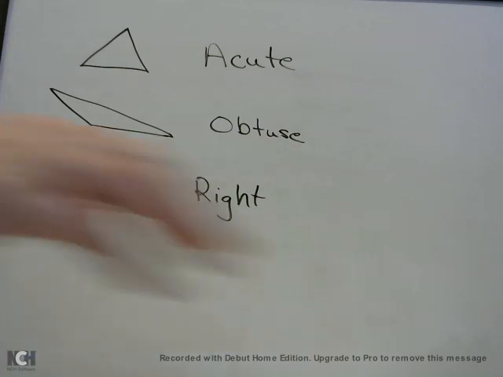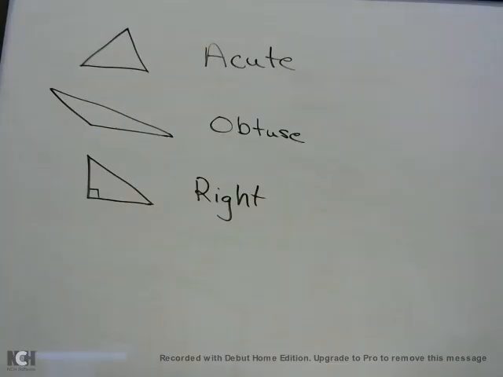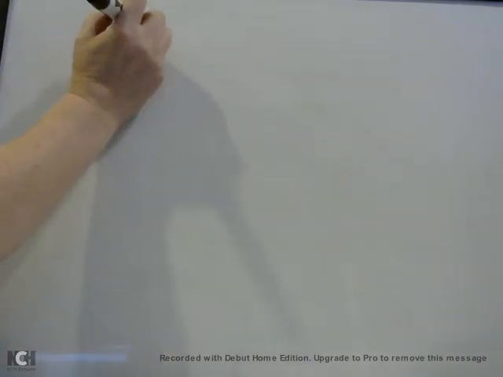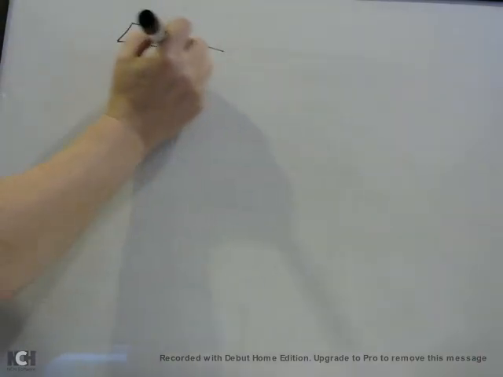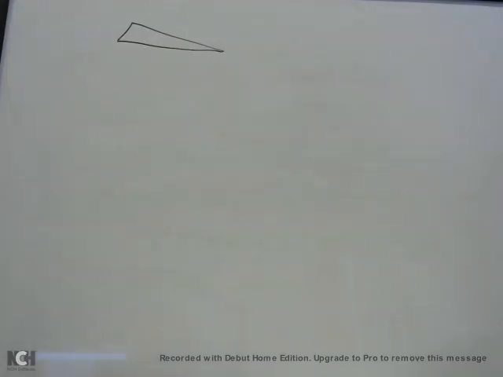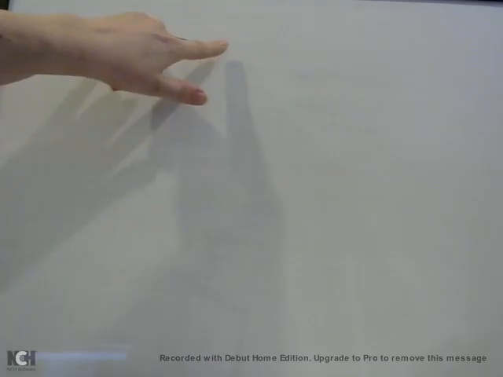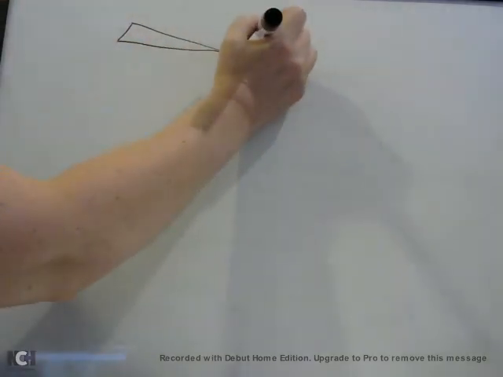So that's the first way to classify triangles. The second way is based on the length of their sides. So if we have a triangle in which all the sides have a different length, so the length of that side is different than the length of that side, which is different than the length of that side. All of them are different.